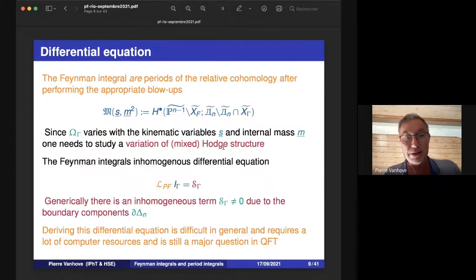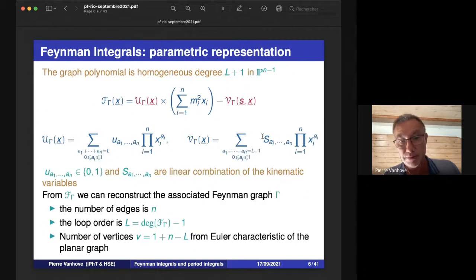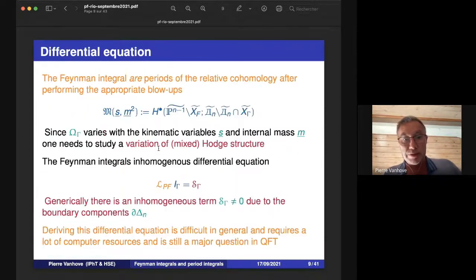So the statement is that the Feynman integrals are periods of the relative cohomology, after the one I described, after having done the appropriate blow-up and the strict transform. Now, because the integral varies with all these parameters, you expect to have a variation of mixed Hodge structure.